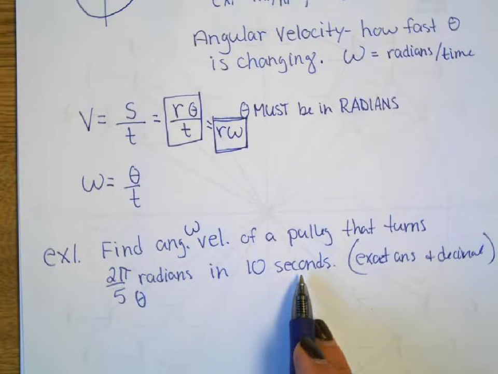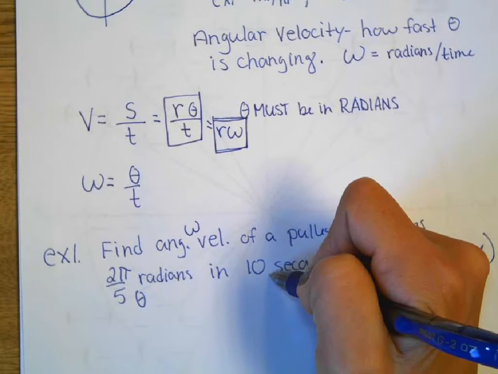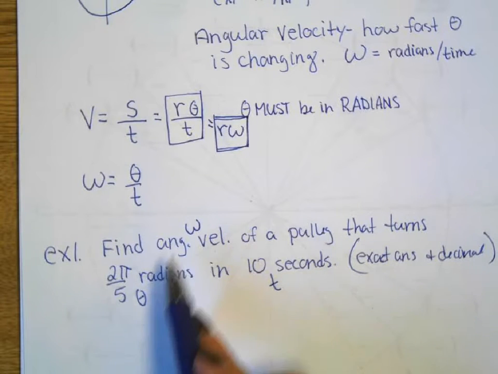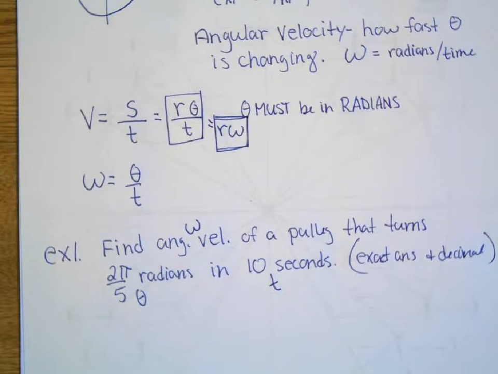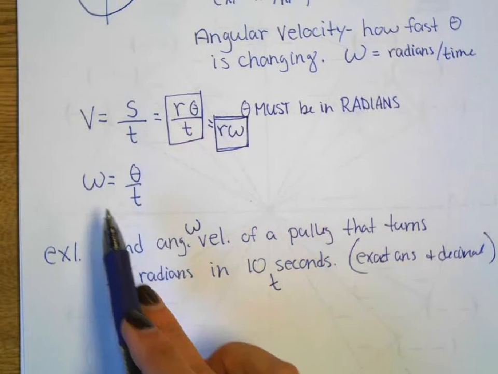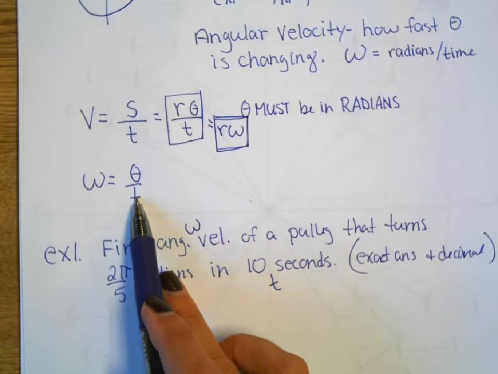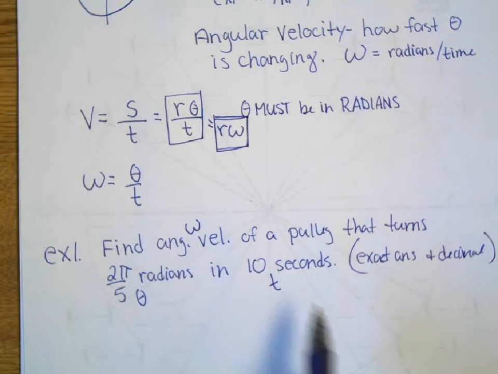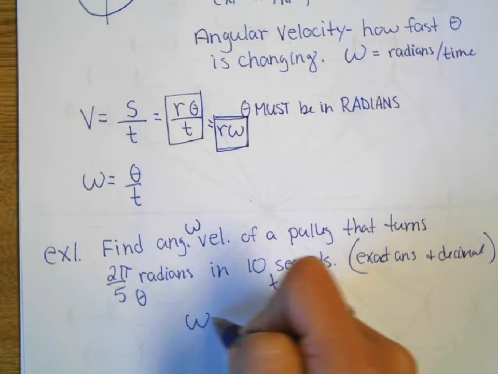And 10 seconds, that's a time value, that's a t. Do you have a formula that relates those three variables together? We've got W equals theta over t. W is your angular velocity, that's what we're trying to find. So this is the formula I'm going to use, based on what I pulled out of the problem. I'll start with the formula.